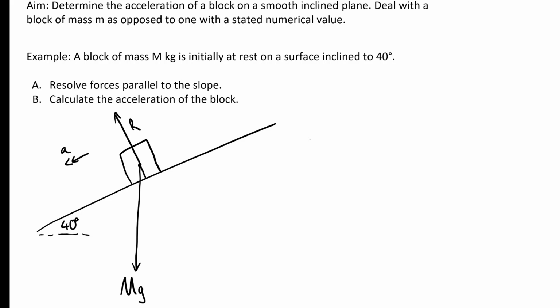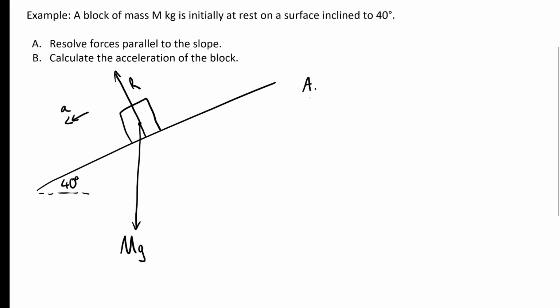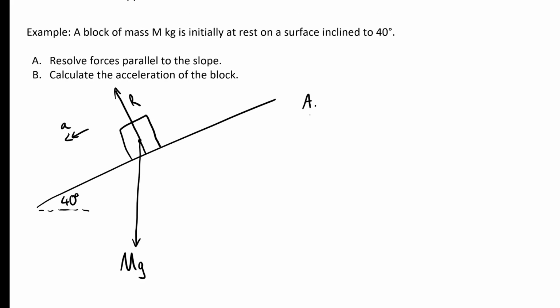Okay, the first question is to resolve forces parallel to the slope. So we'll pick down the slope and parallel to the slope to resolve for Newton's second law. For that, the only component relevant is this one here.